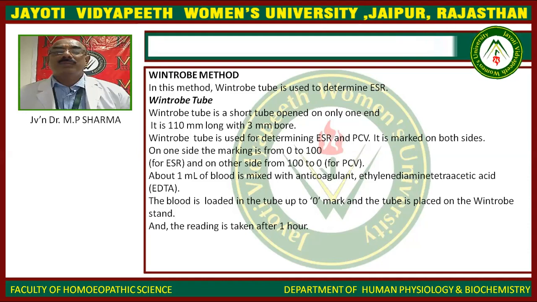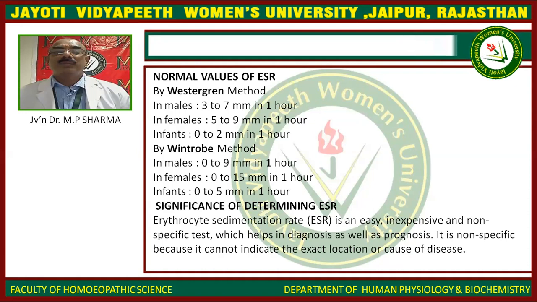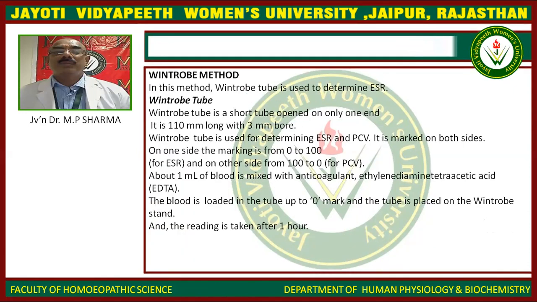Wintrobe tube is used for determining ESR and PCV, and it is marked on both sides. On one side, the marking is from 0 to 100 for ESR and on the other side from 100 to 0 for PCV, meaning packed cell volume.